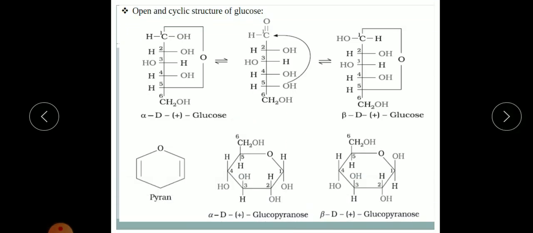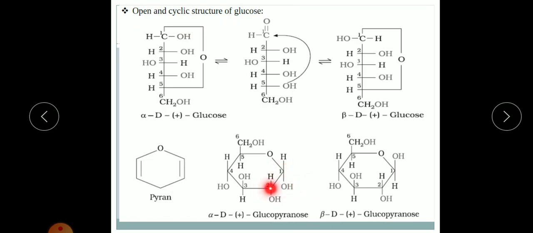You can see at carbon number 1, H is up, OH is down. Whatever you find on this side will be placed at the top, and whatever you find on this side will be placed at the bottom. So the same thing is done at carbon number 1: H up, OH down.